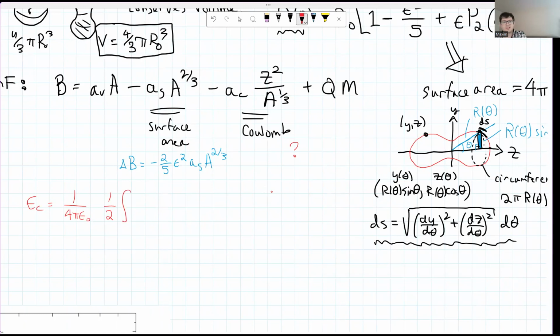Do 1/2, and it's the integral over two 3D coordinates of the product of the charge densities divided by the separation between those two coordinates. So it's just the Coulomb potential. This is the charge at one point times the charge at another point, and you divide by the distance between those two charges, and then you have to integrate over all pairs of charges. That's what these two integrals are, and you divide by 2 because you only care about pairs of charges. You don't want to double count.